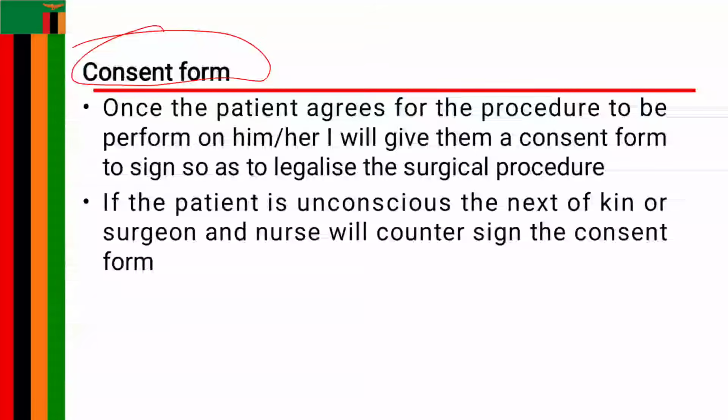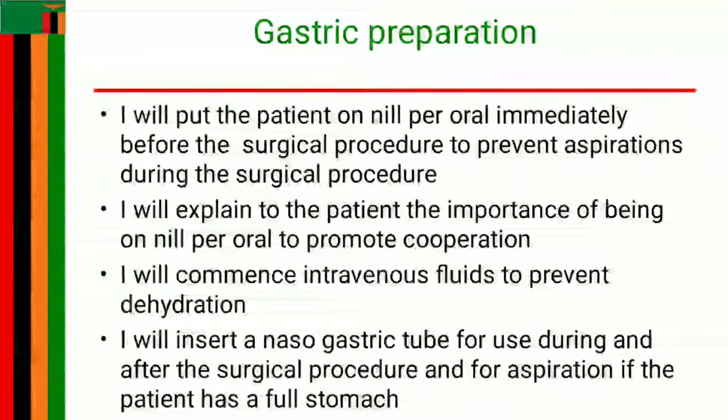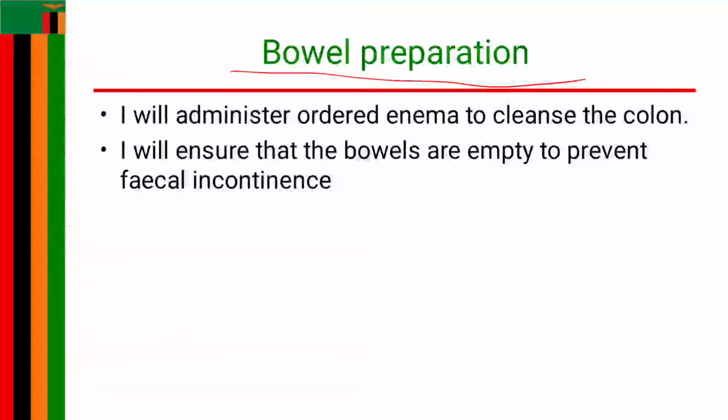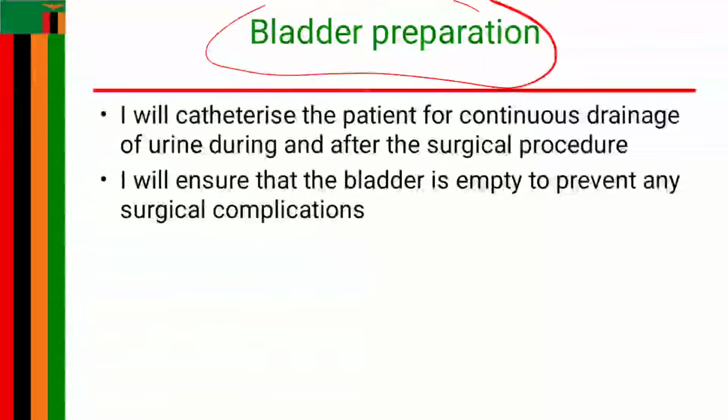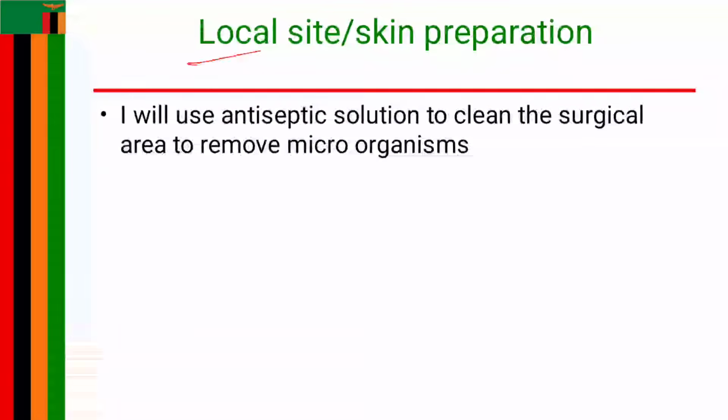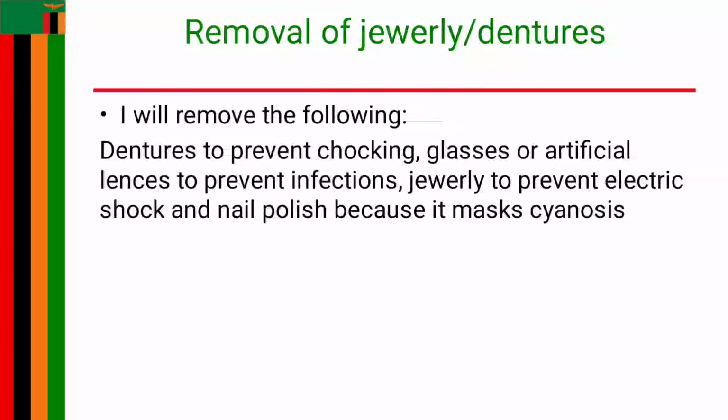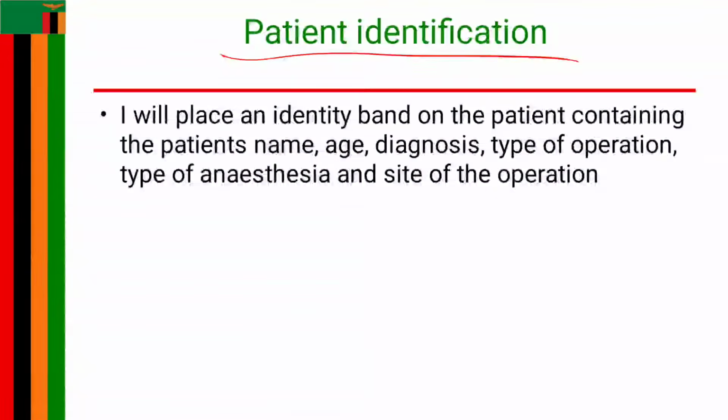Apart from that, consent form, talk about the physical preparation on your pre-op. And amongst the physical preparation, you talk about gastric preparation, bowel preparation, bladder preparation, skin preparation, removal of jewelry or dentures, and patient identification.